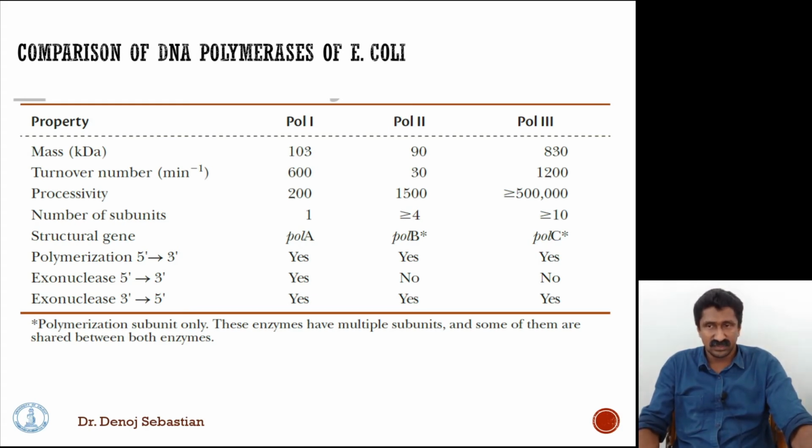And here we have to see that these two activities were already mentioned. 5' to 3' exonuclease and 3' to 5' exonuclease activity is marked, and the 5' to 3' polymerization activity is available in all the polymerases. That's why it is a polymerase. So these are the different properties of the DNA polymerase enzymes.